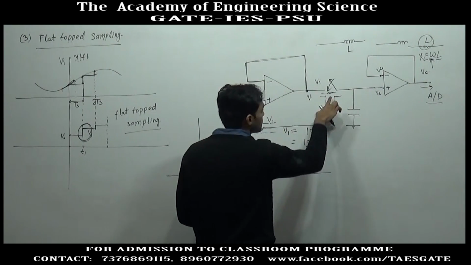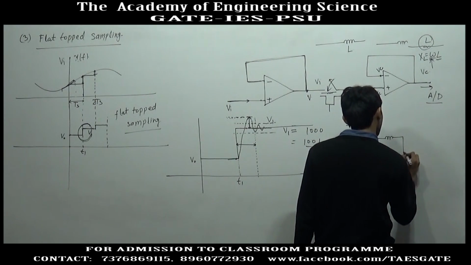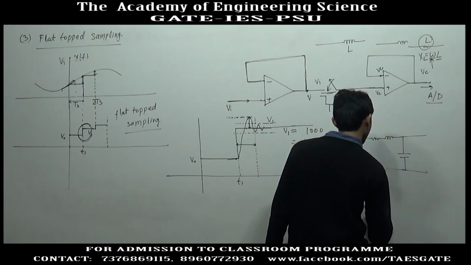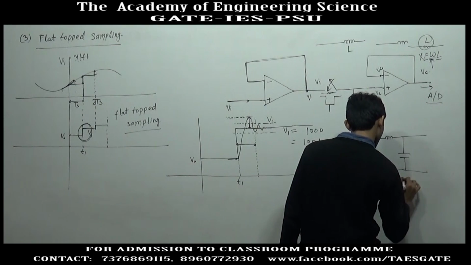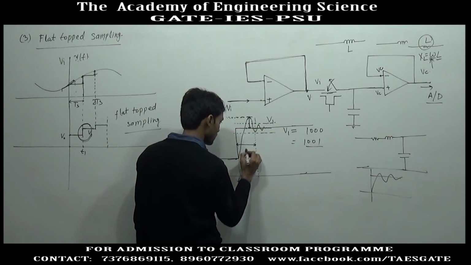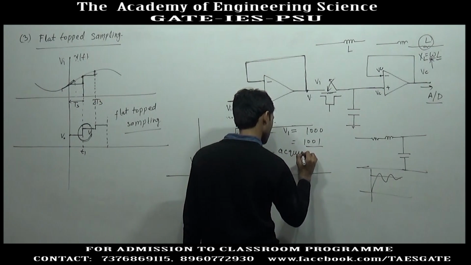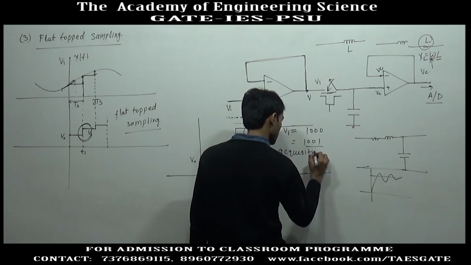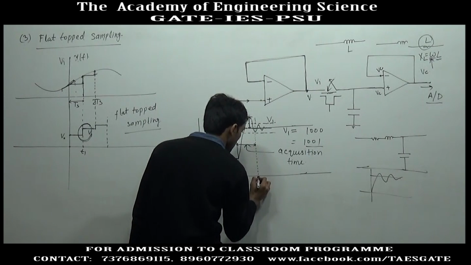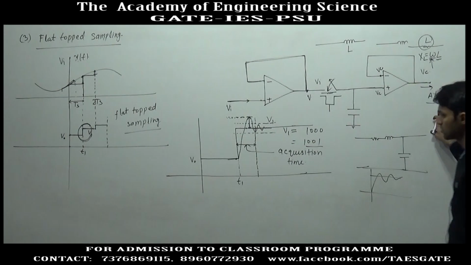Suppose this is the input voltage, here resistance, so we will get R, L and C. So, the output across the capacitor will make this kind of waveform. We will have to wait for this time, and this time is called acquisition time. After the acquisition time only the voltage can be given to the analog to digital converter.